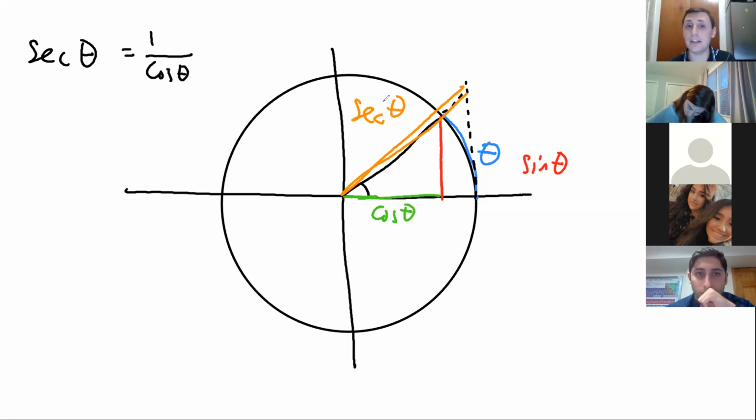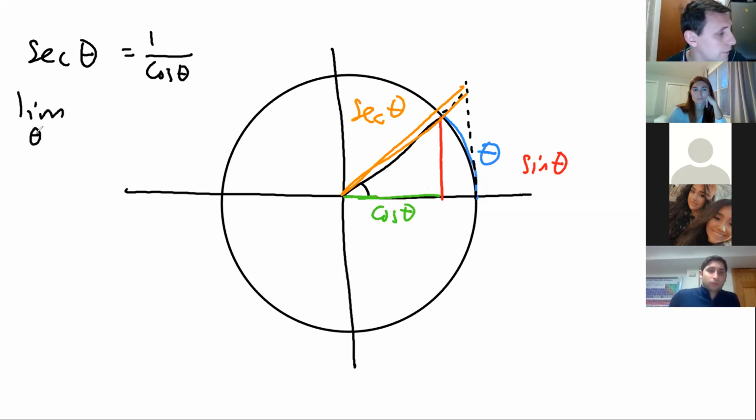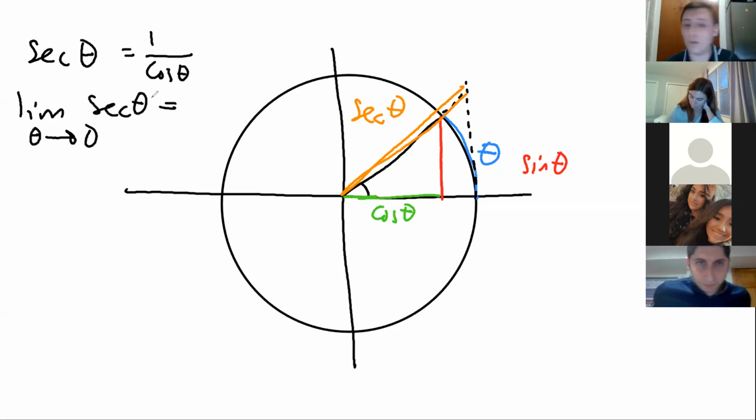This is secant theta. Can you tell me what will happen to this orange line if I push a limit as theta goes to 0? It's pretty obvious, right? What happens, first of all, if I take the limit where theta approaches 0 of secant theta? I get what?